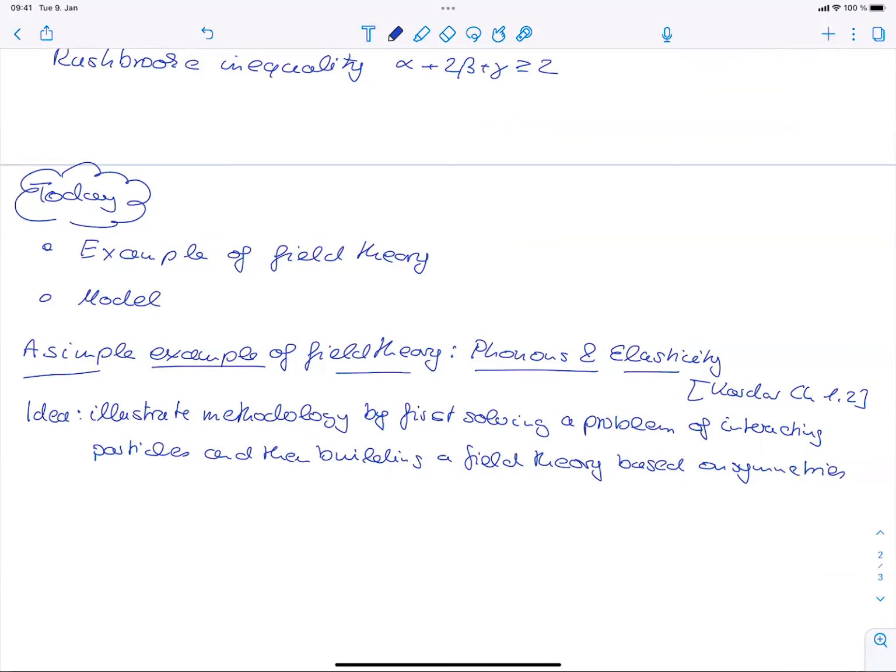And you will see that this is quite cumbersome. And then the magic of fields: for you to appreciate that, if I were to write down a field theory, then I can solve exactly that same problem much faster, and I can even look at much more complicated problems with the same tools.